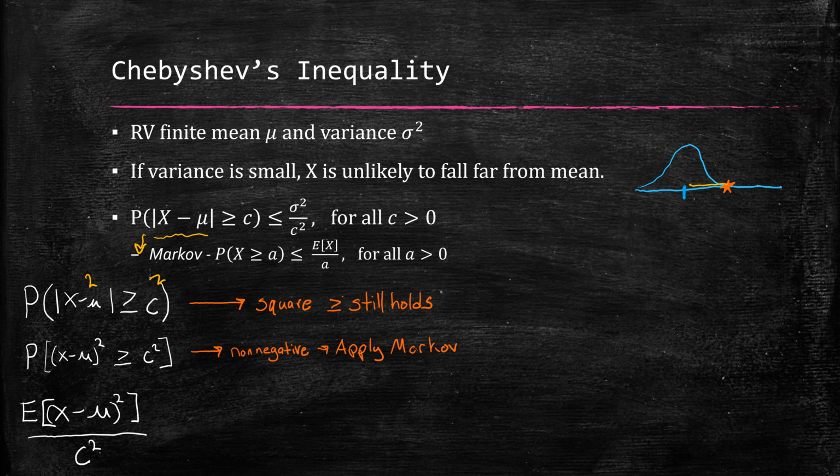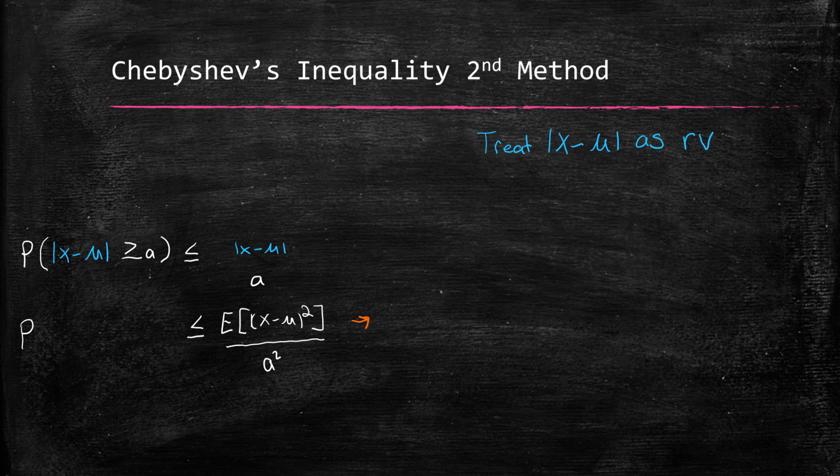This is non-negative, so we can apply Markov's inequality here. If we apply Markov's inequality, we get the expectation of x minus mu squared over c squared. From here, we can just apply the definition of variance, and we get sigma squared over c squared, which is Chebyshev's inequality.